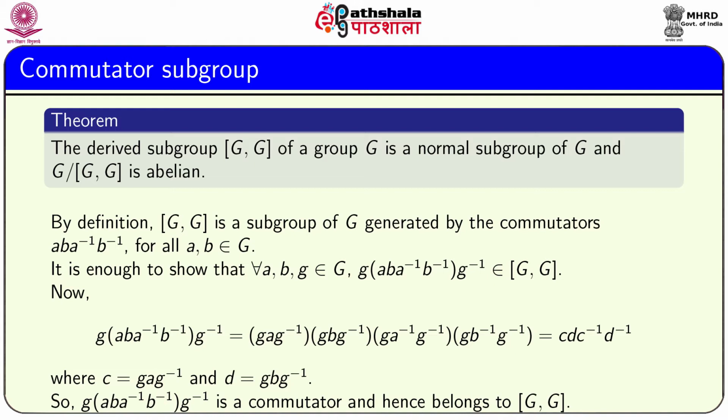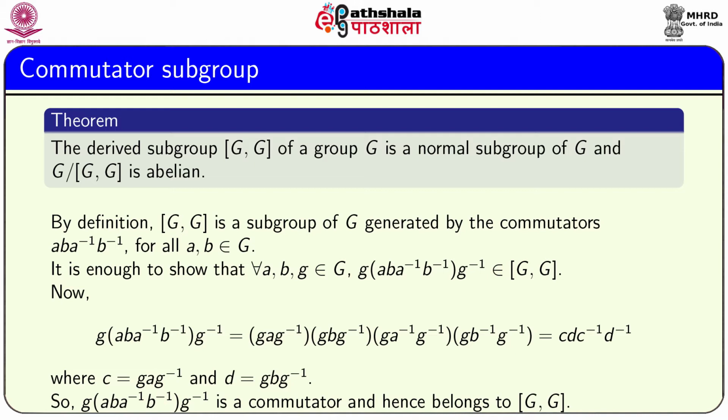If we can show this for the generators, then of course it will be true for any element of the commutator subgroup, and therefore it will be a normal subgroup.